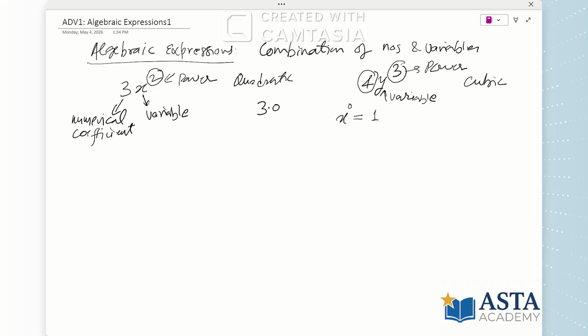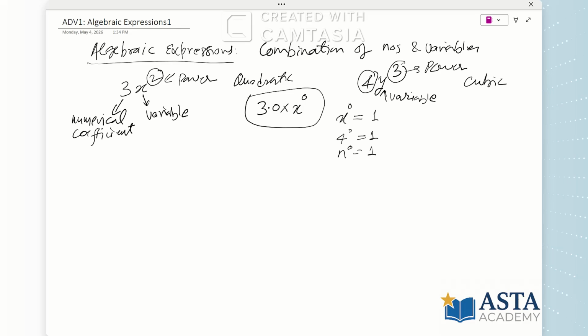It is 1. What about 4 to the power 0? It is 1. Any number n to the power 0 is 1. So anything raised to the power 0 is always 1. So this 3 here, we can assume is multiplied by x to the power 0. So this 3.0 is an algebraic expression with power of 0.